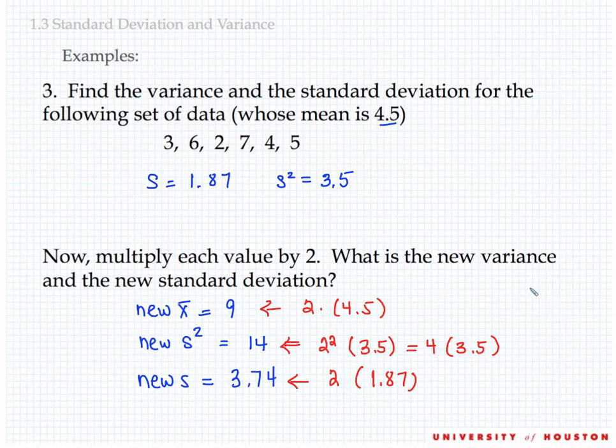So generally speaking, when we multiply each value in our data set by some number, our mean and our standard deviation values will be multiplied by that same number, and our variance is that number squared times the old variance.